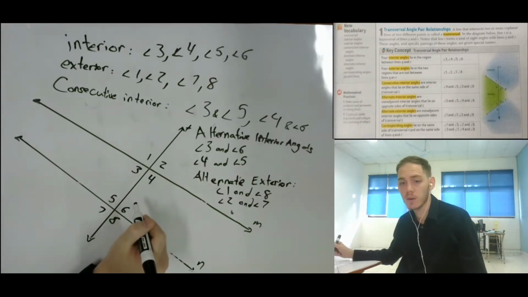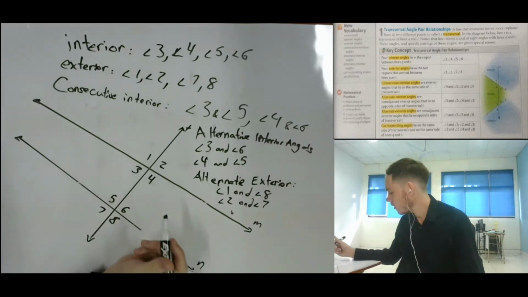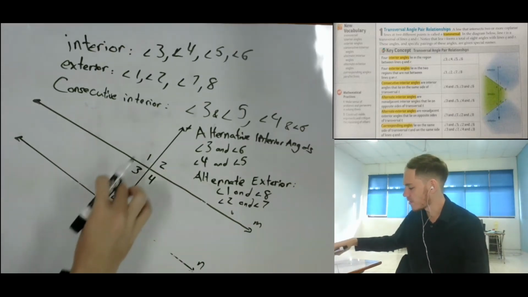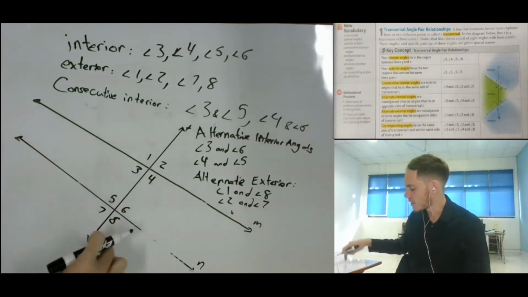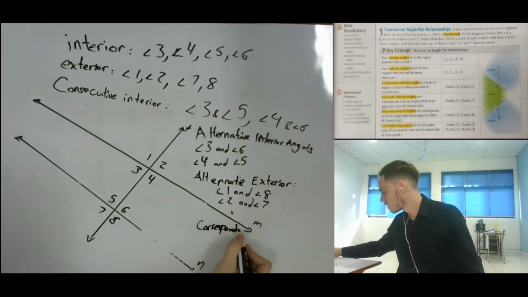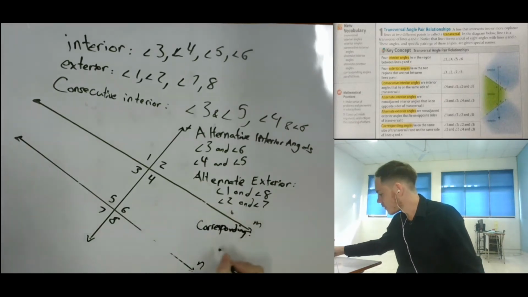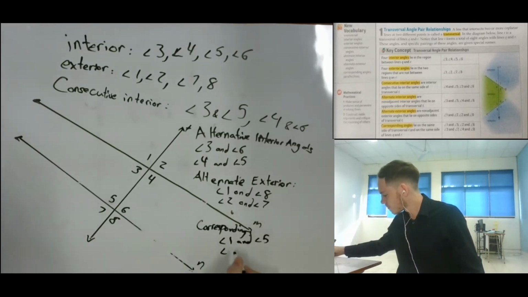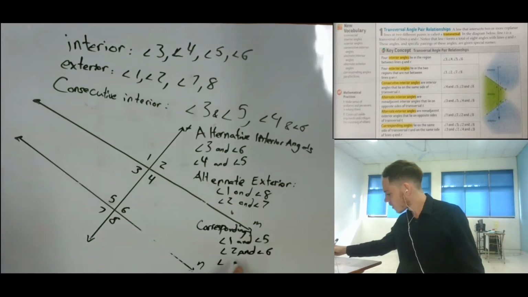And then corresponding angles are going to correspond with location. So 1 and 5 here, 2 and 6, 3 and 7, and 4 and 8.